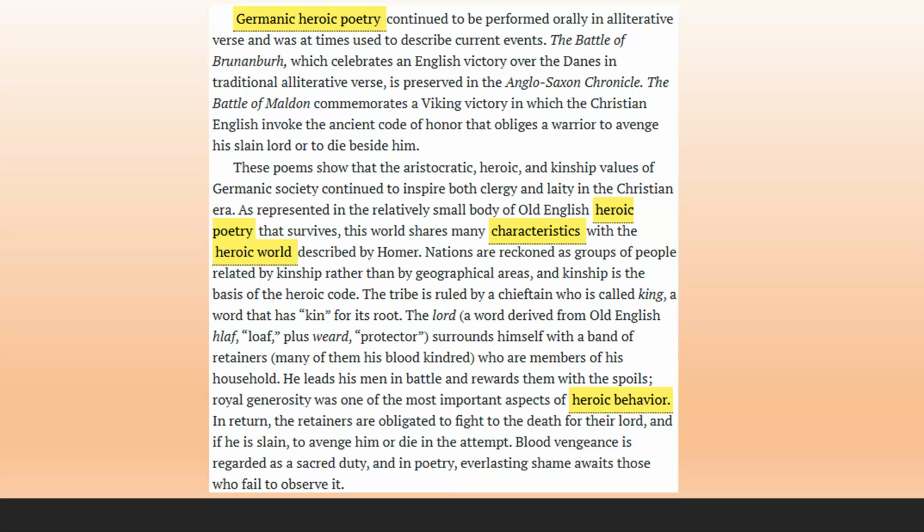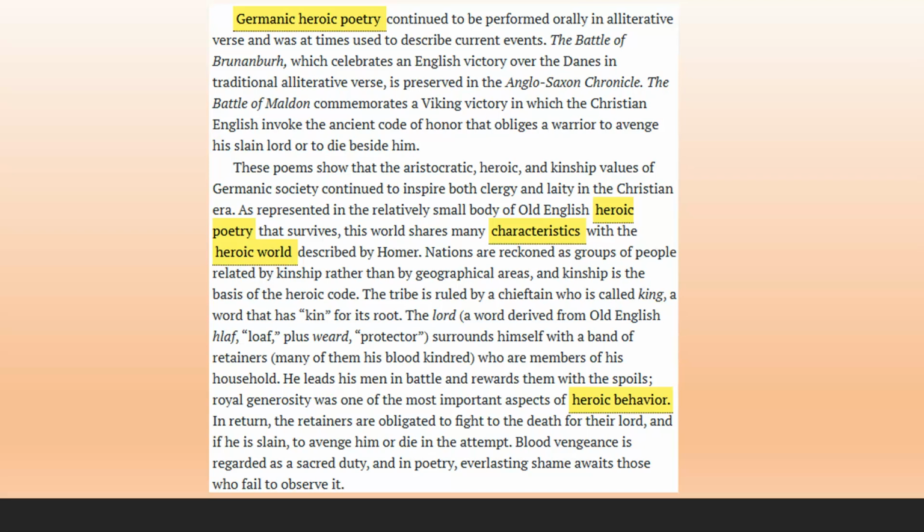So here is an excerpt from the Norton Anthology's introduction to Anglo-Saxon literature. Reading through it, I came across a number of terms that would be important to constructing my analysis.